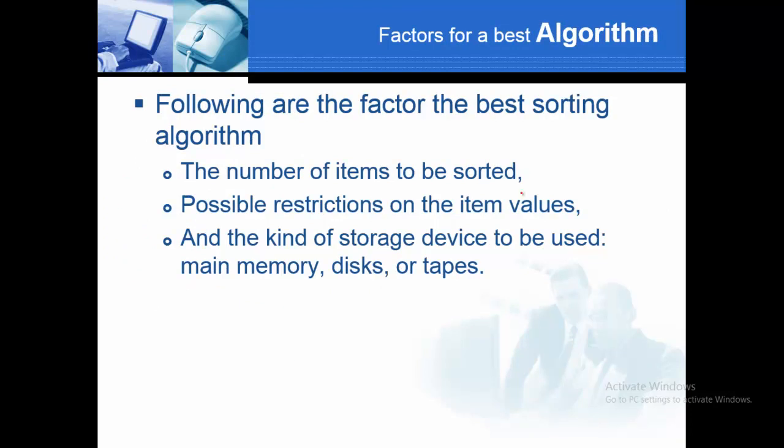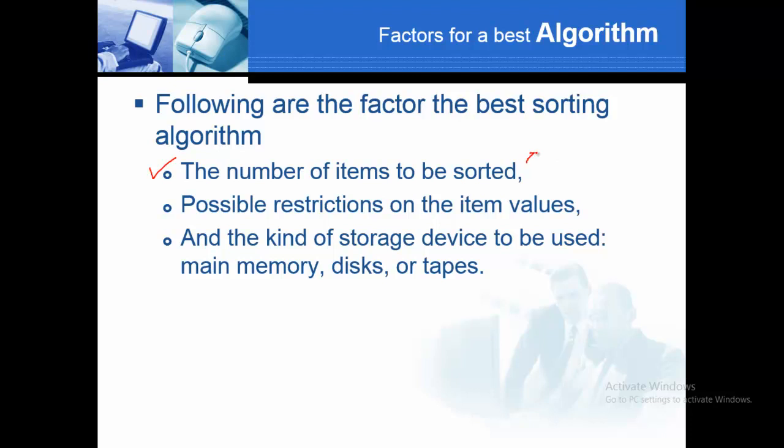Okay. Factors for a best algorithm. What factors must be considered for a best algorithm? When you write your own algorithm, you need to consider these factors. Following are the factors for the best sorting algorithm, and it's basically written for the sorting algorithm. First, the number of items to be sorted. This is very important when you are working on a sorting algorithm. You need to know the number of items, the size of the inputs.